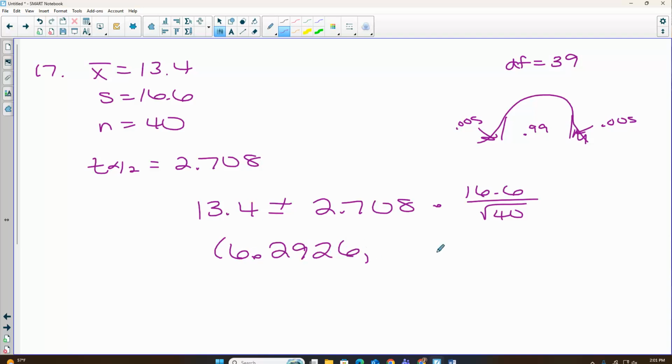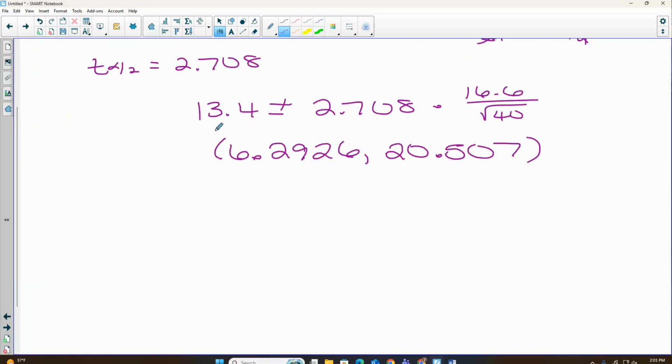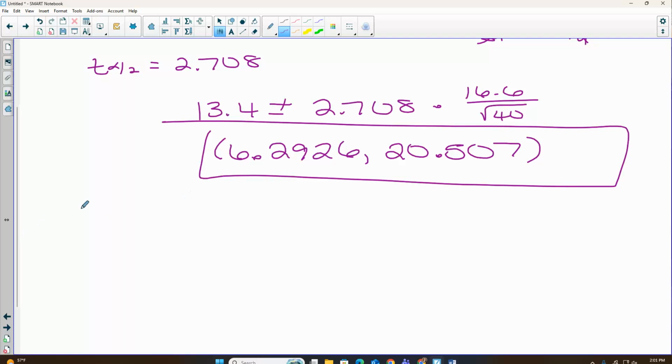Maybe except for the last decimal. I think your calculator gives you maybe one more decimal place than you get by hand. So the final decimal place might be slightly different. Interpret means what? Yeah, tell me what it means. Write a sentence. So we are 99% confident.